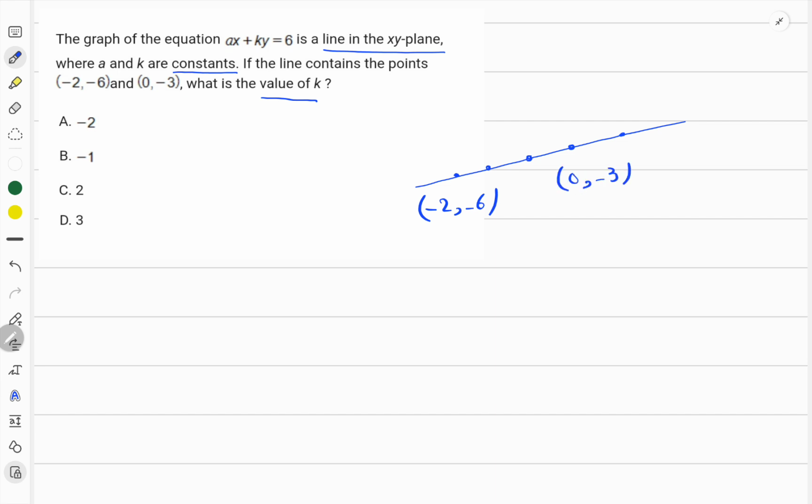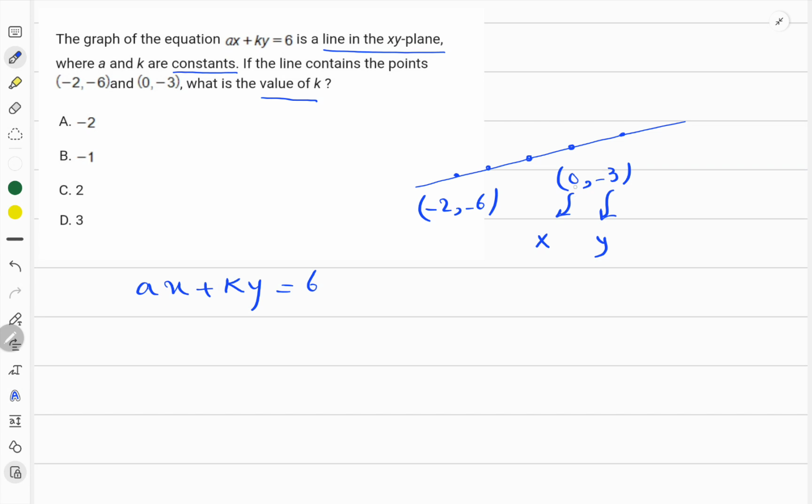If you substitute the values of these two coordinates in the equation of the line, it satisfies the equation. The equation is ax plus ky equals 6. This is the x coordinate, and this is the value of the y coordinate.